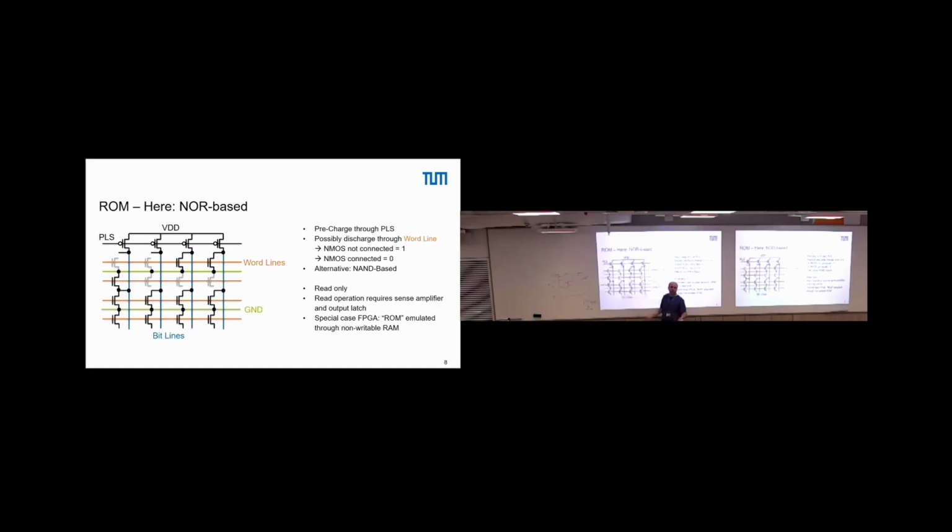Where you blow the fuse, it's a 1, and where you don't blow the fuse, it's a 0. There are variants of this, but at the end you have no or only a very limited number of reprogramming options. Any idea where such a memory could be useful?